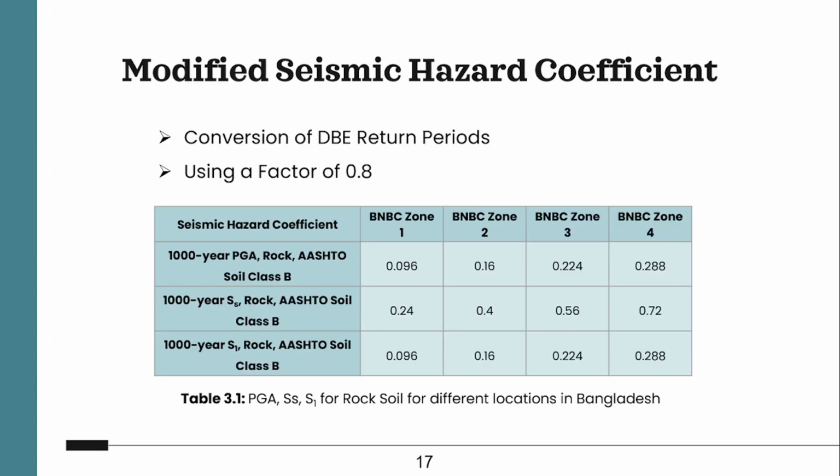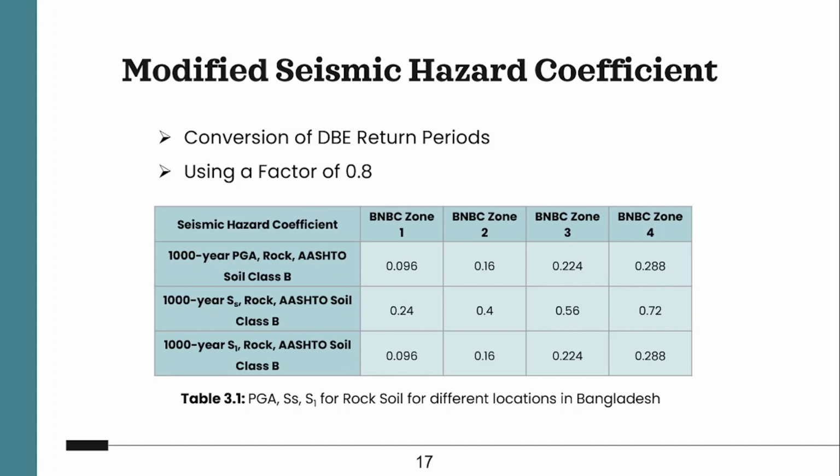Then to determine the demand, we are using a factor of 0.8. So basically AASHTO 2020 has the provision of a design basis earthquake which has a return period of 1000 years, but in BNBC 2020 the return period is 475 years.